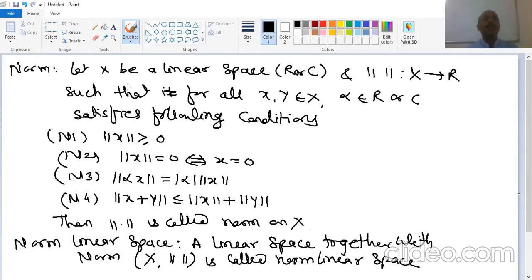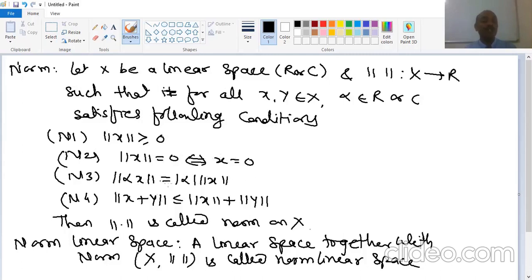Norm: let X be a linear space that is real or complex, and this is a function from X to R such that for all x, y belongs to X and alpha belongs to R or C, it satisfies the following conditions. First, norm x is greater than or equal to 0. Second, norm x is equal to 0 if and only if x is equal to 0. Third, norm of alpha x is equal to mod alpha norm x.